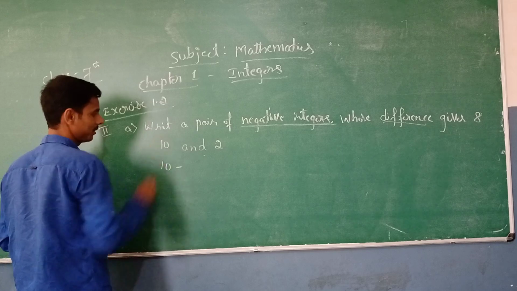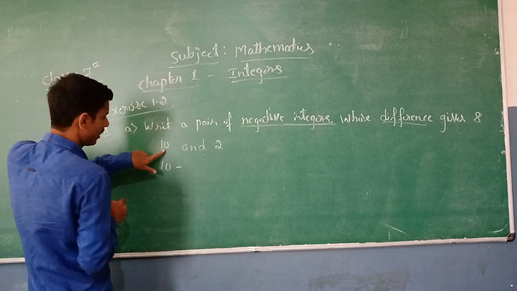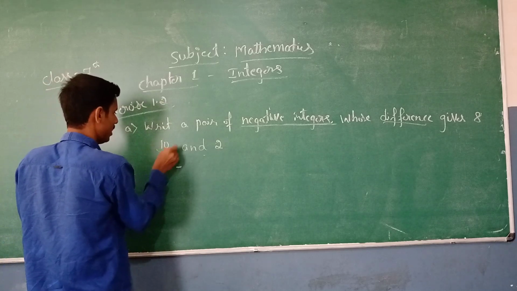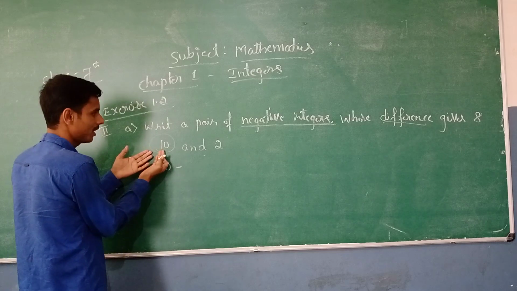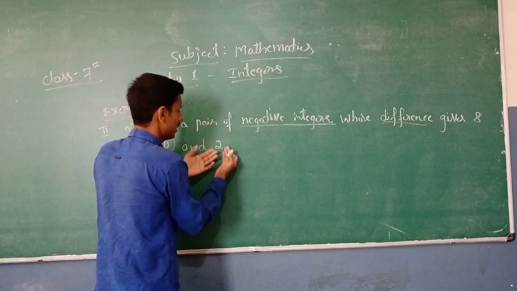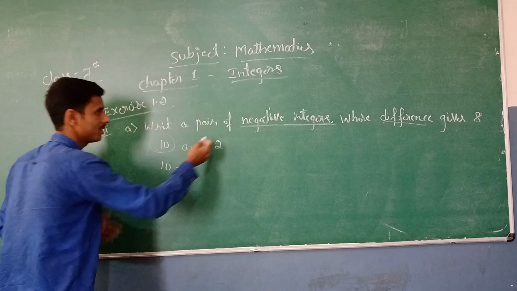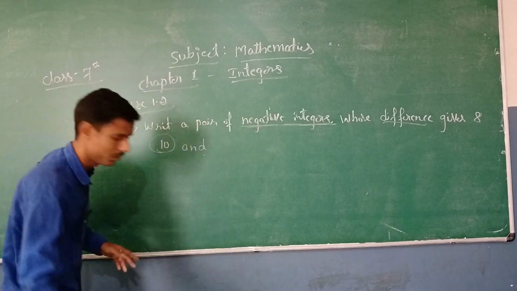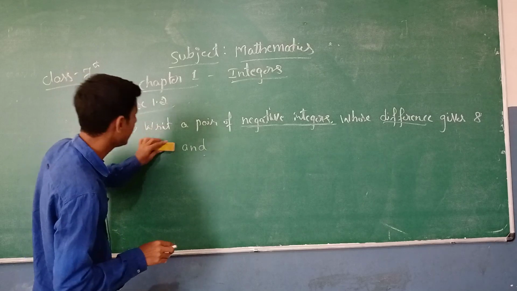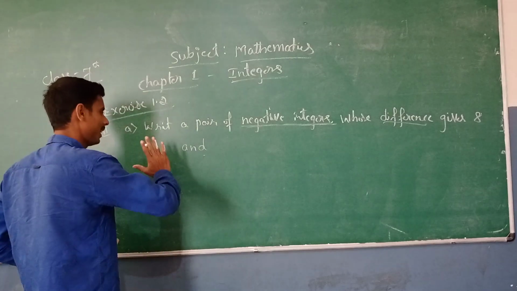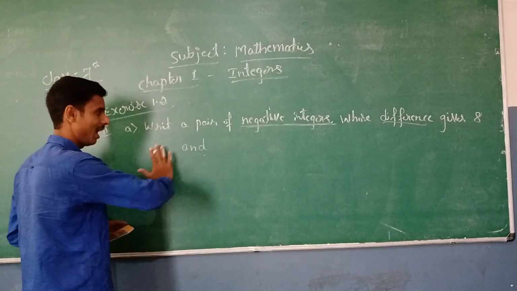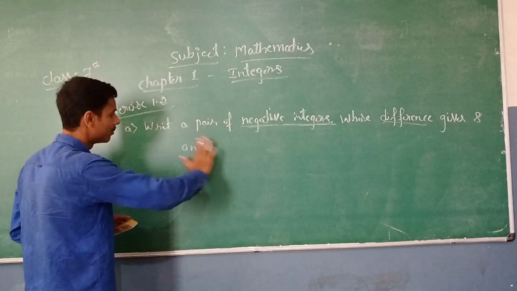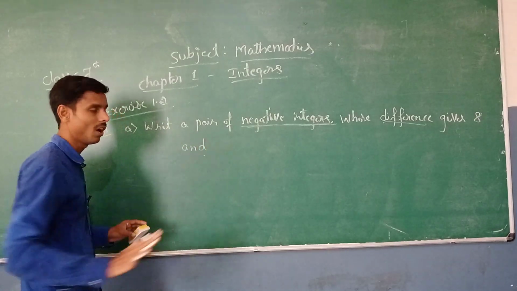No, we can't, because this is obviously a positive integer, and this is also a positive integer. These types of positive integers are not allowed here. Clear? So here we have to write only negative integers. We should not write a positive integer and a negative integer, or both positive integers.